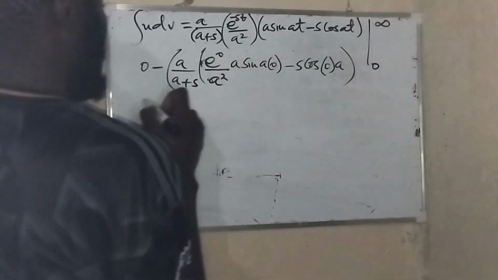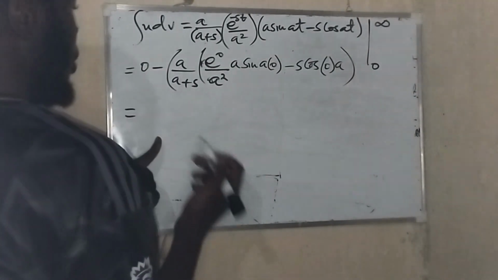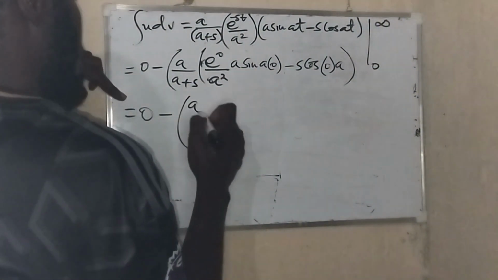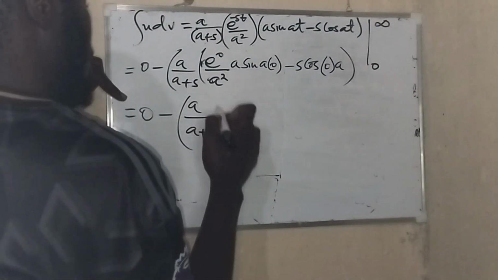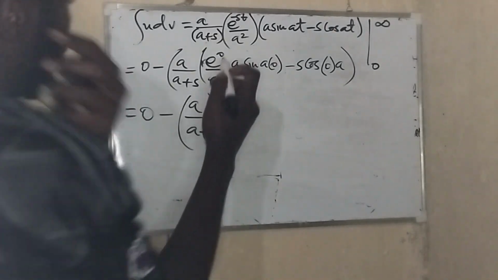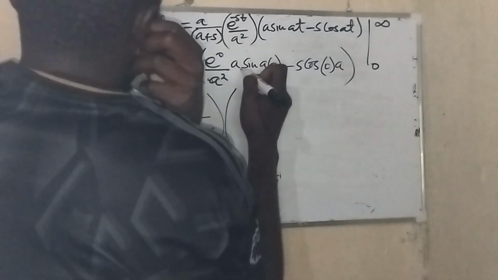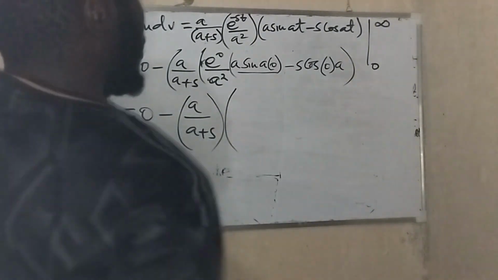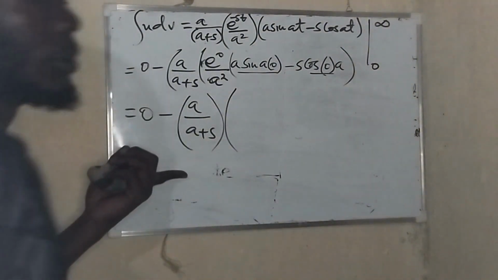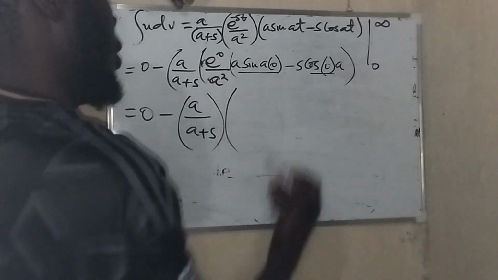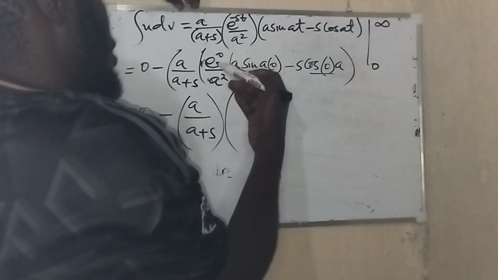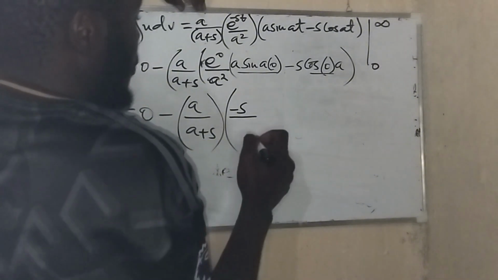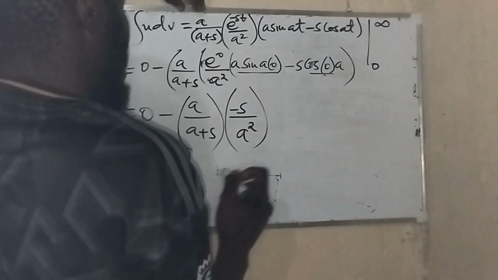So it will give us 0 minus a over a plus s. This one is 1. This one will give you 0, but this one will give you 1, cos 0. Now we have 1, so negative s times 1, we have negative s over s squared.